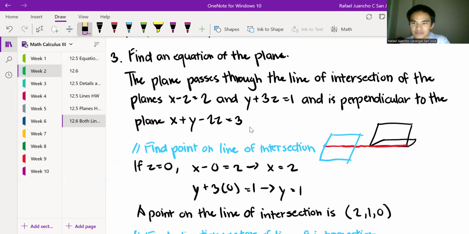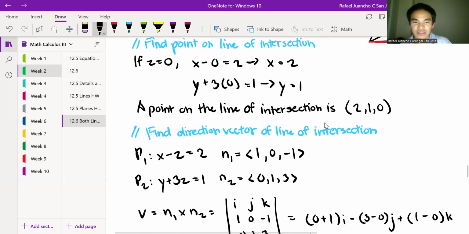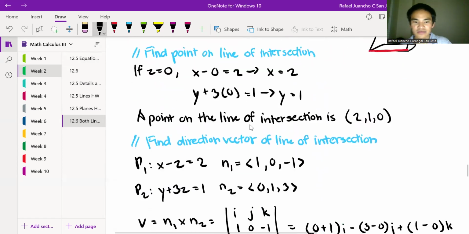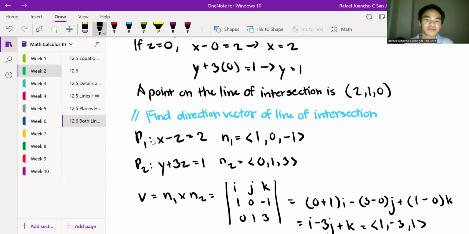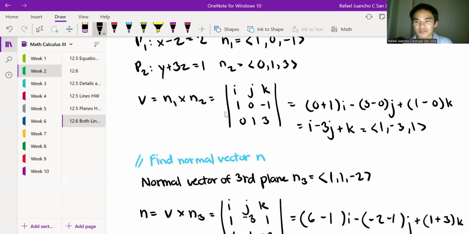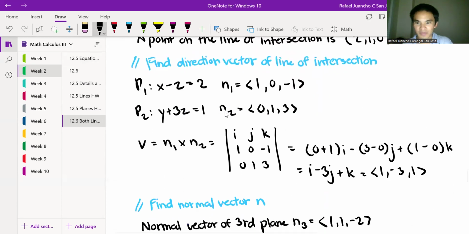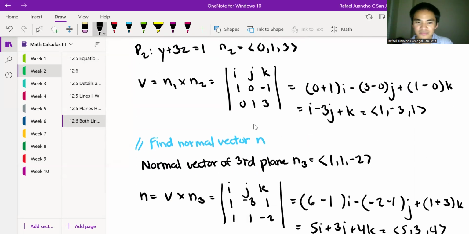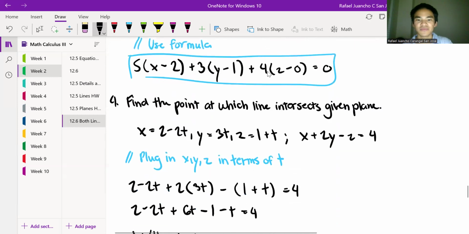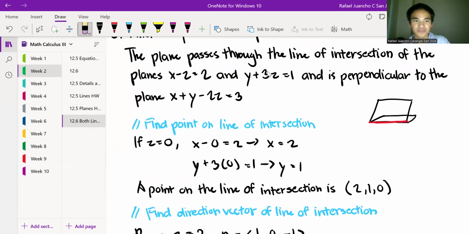It's passing through. I think that's what it means. Okay, but yeah, we have a point. We got that. Now we need a direction vector. So we just need to get the normal vectors of both planes, get their cross product so that we get a normal vector, a vector that's perpendicular. Then once we get that, we can just plug in safely. That's it. Visually, I don't know how that looks. That's my only problem.